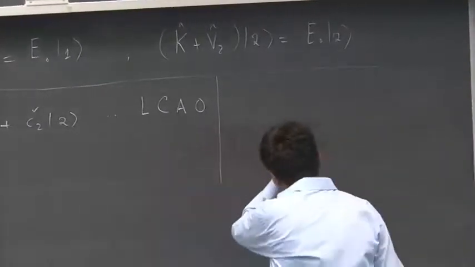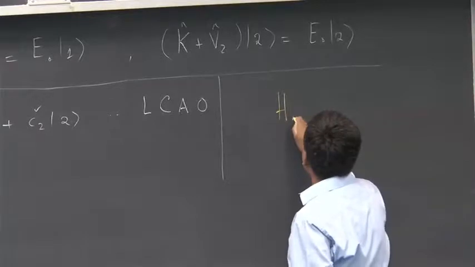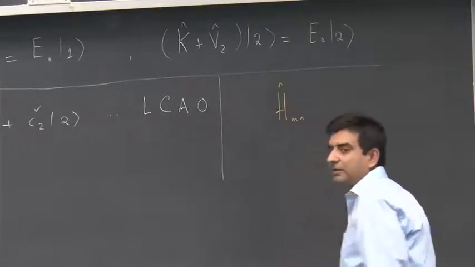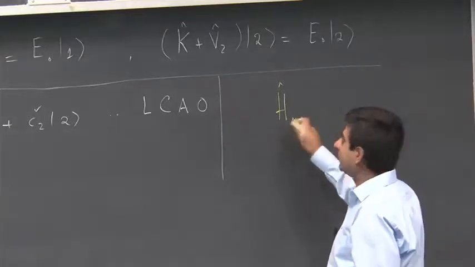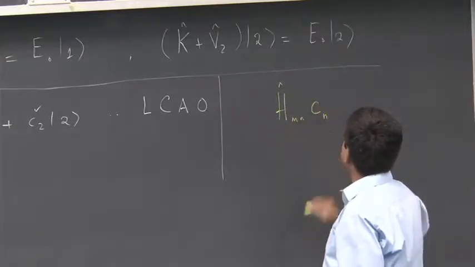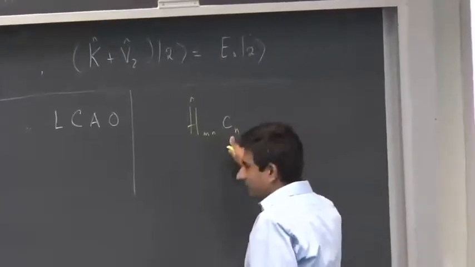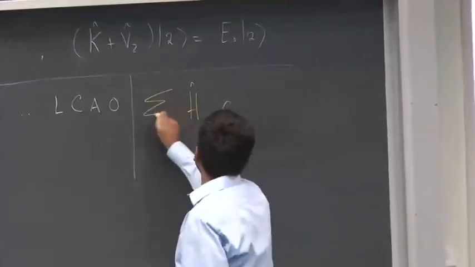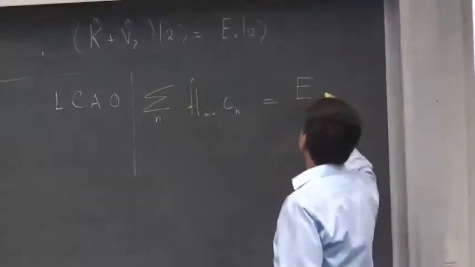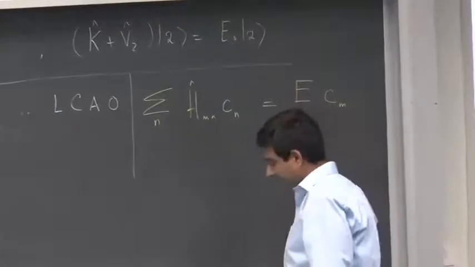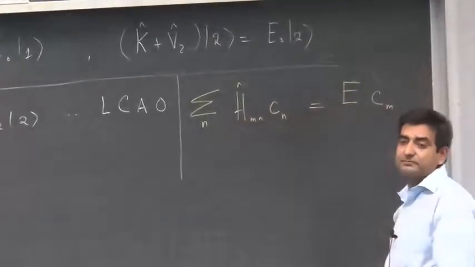One way of writing the time-independent Schrodinger equation is: the sum over n of H_mn, which is some element of the Hamiltonian, multiplied with Cn, gives the energy times Cm. So this is one version of the Schrodinger equation.